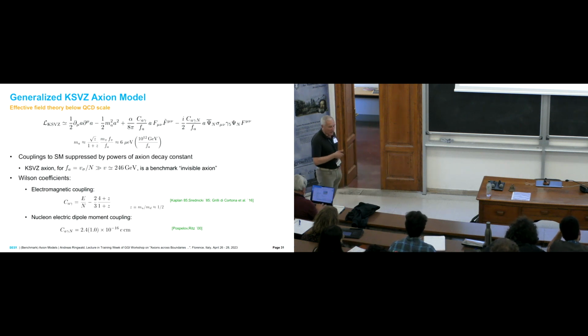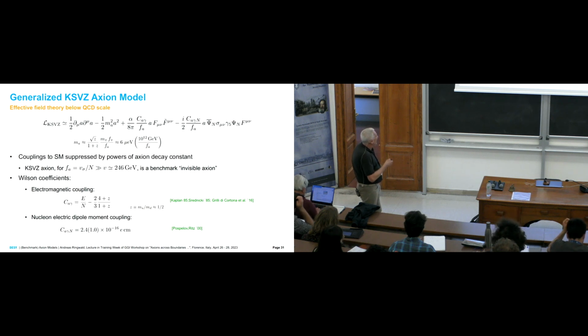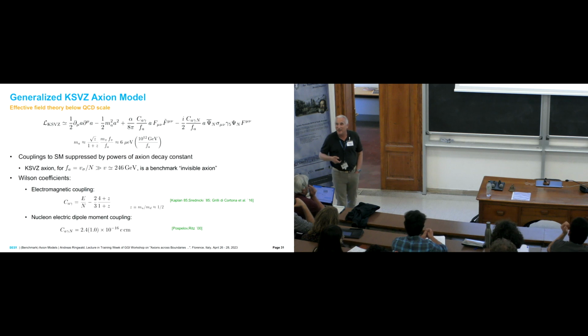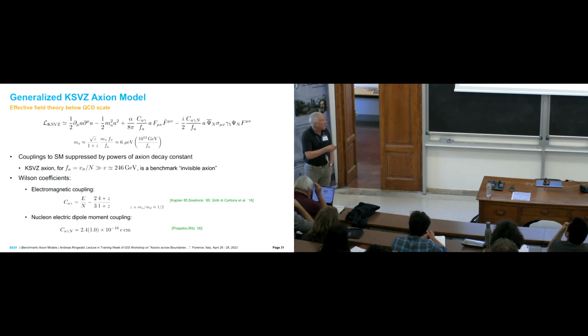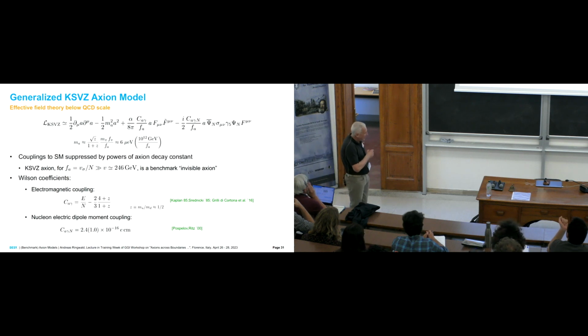If at any point some particle is discovered which has just the photon coupling, at some point one has to measure this coupling in order to really say that this is an axion. Until that is measured, we can never say that it's a QCD axion. It's just an axion-like particle. But if you measure this one, then this is the defining property of the axion, that it's a space-time dependent theta parameter.